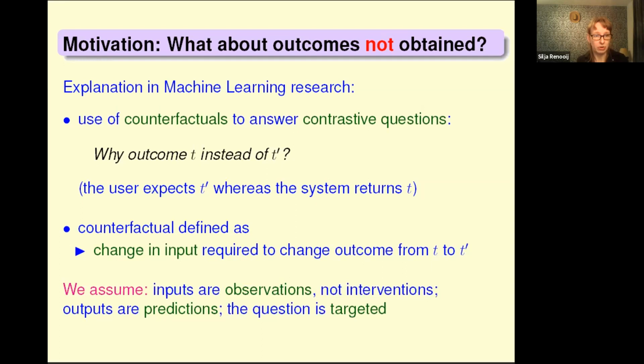So all my input are observations, not necessarily the result of interventions. All my outputs are predictions. So I'm not trying to find a cause for something I have observed. And as I said, the question is targeted. So I'm looking for an explanation specifically or counterfactual specifically for an output value t prime different from t.